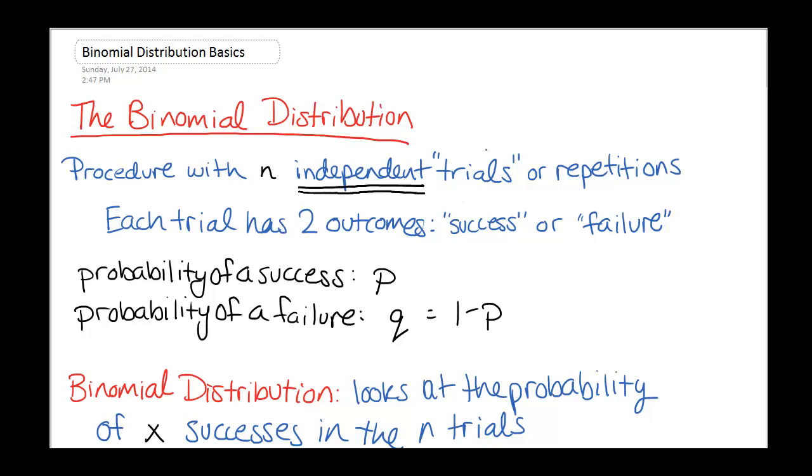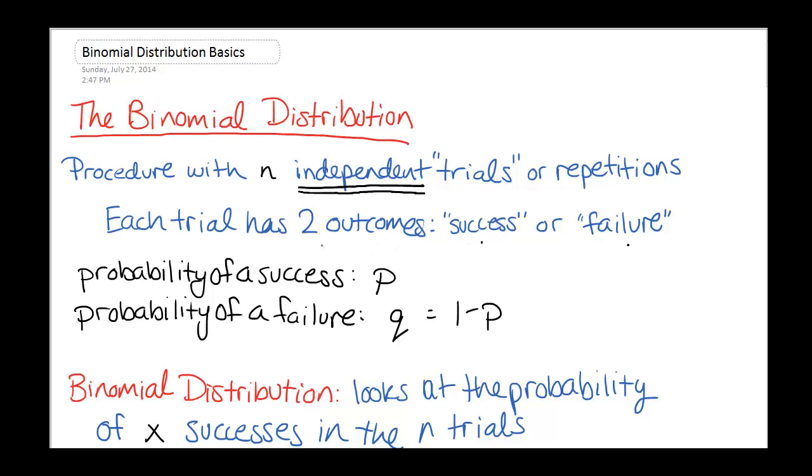We have to make sure that the trials or repetitions don't depend on one another probability-wise. And then in this procedure, each trial has to have two outcomes. One we'll call success and one we'll call failure. We can decide what success and failure means, but there has to be exactly two outcomes. If there's more than two, or of course less than two, then this isn't a binomial probability.